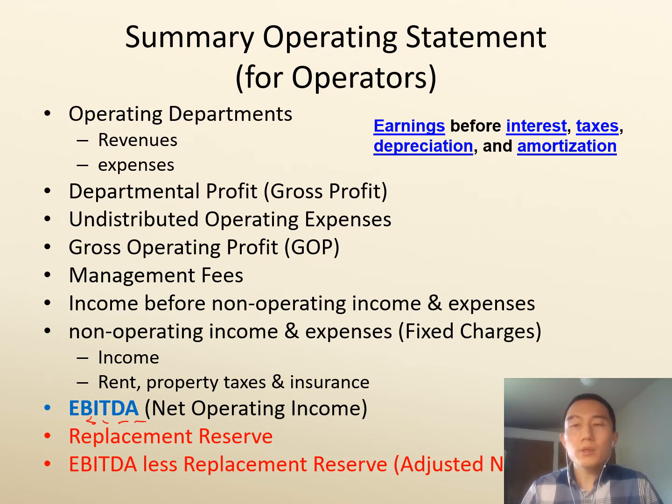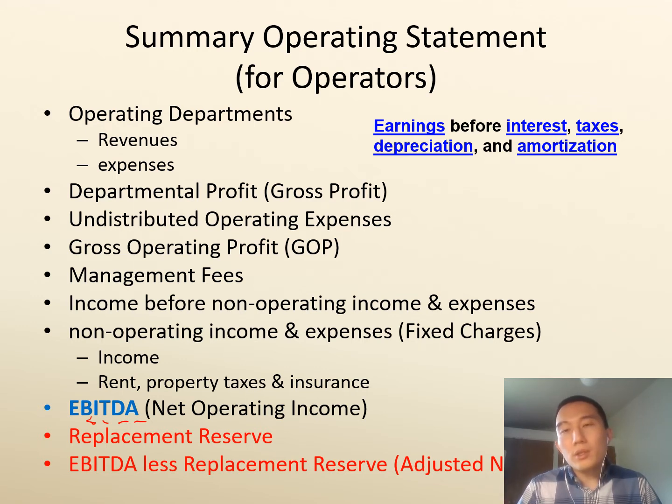Here I want to briefly talk about the difference between depreciation and amortization. Depreciation refers to the depreciated value of a tangible asset, such as a building, furniture, or equipment. In contrast, amortization refers to the depreciated value of an intangible asset. That's the main difference between depreciation and amortization.